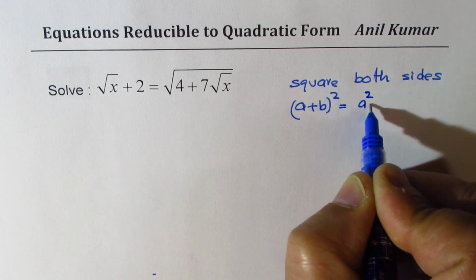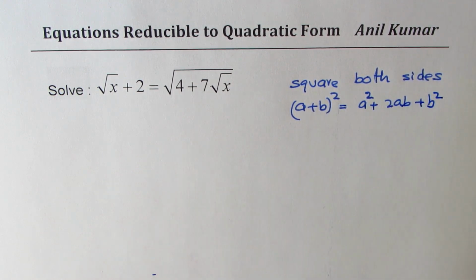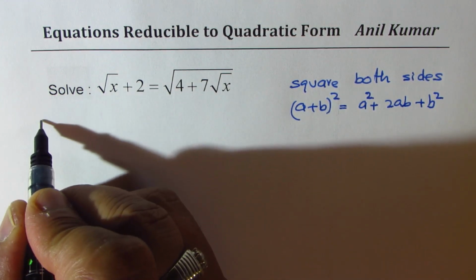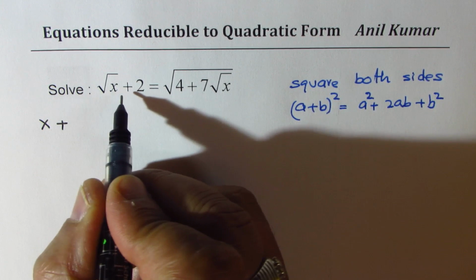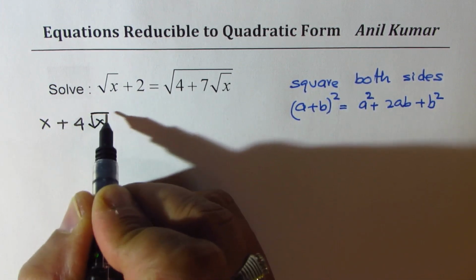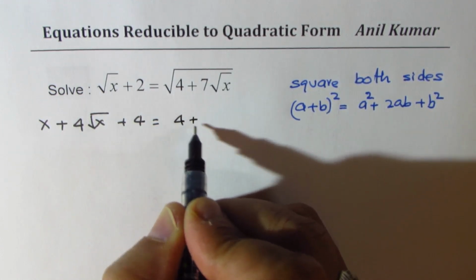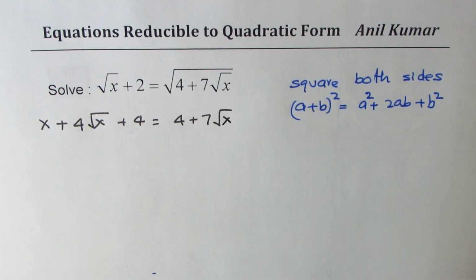Which is a squared plus 2ab plus b squared, right? So the square of square root x is x, plus twice 2 times square root x will give us 4 square root x. The square of 2 is 4. And here we'll get 4 plus 7 square root x, correct?